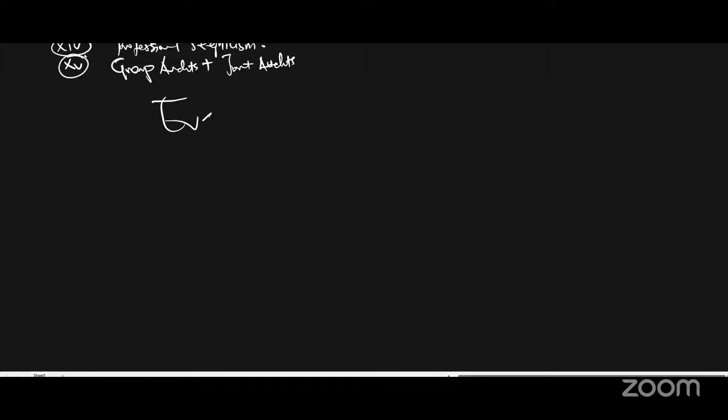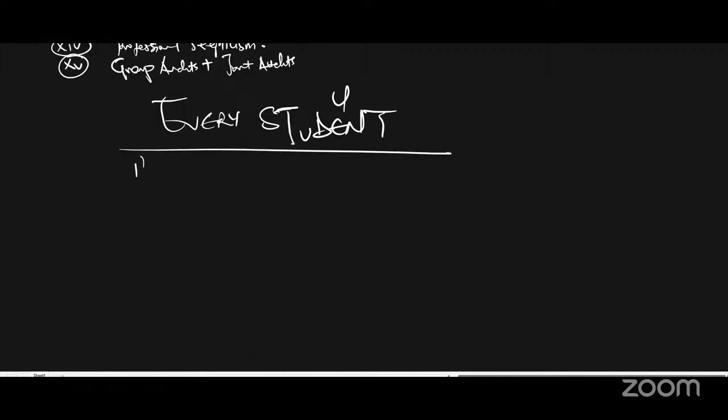There are right structures to use to learn. So I tell people, every student, there are some things that you need, and this simplifies your learning. One, you need a syllabus.